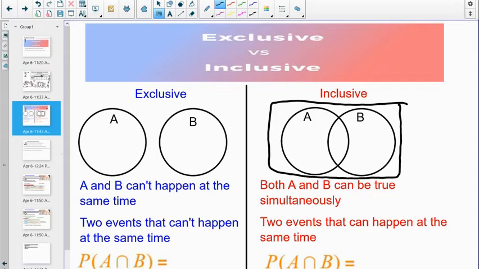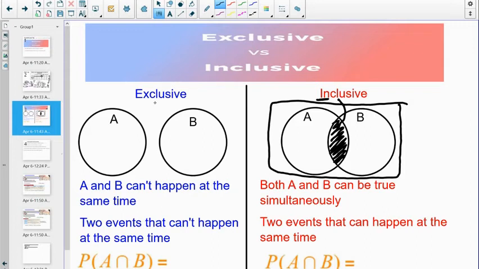So two events that can happen at the same time. And when they do happen at the same time, that's this shaded area in here, where they are both happening at the same time. So when it's inclusive, think it's including both of them at the same time.